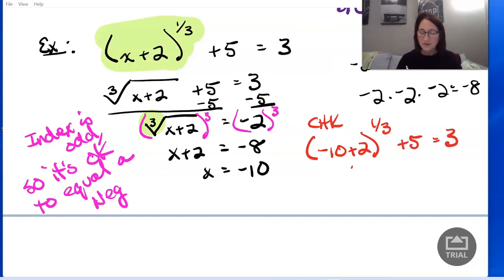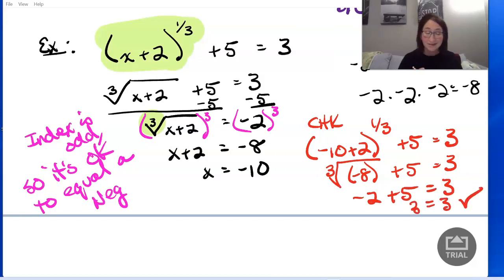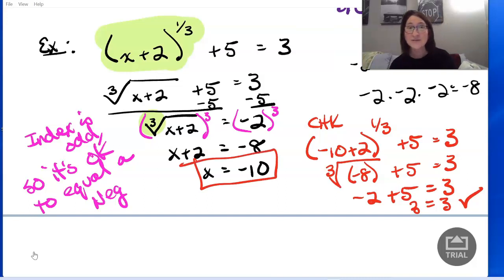So that's going to be -8, and I'm going to change that to a radical. So the cube root of -8 plus 5 equals 3. Well, the cube root of -8 is -2. So -2 plus 5 is 3, or 3 equals 3. It all checks. That is a good solution, that -10.